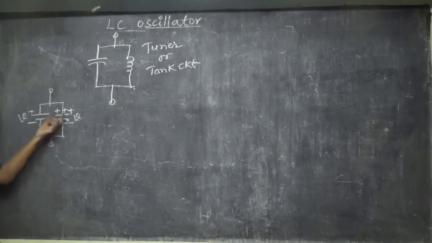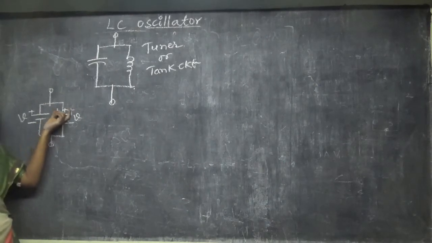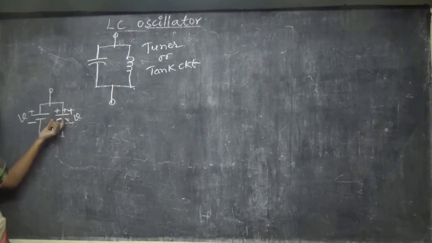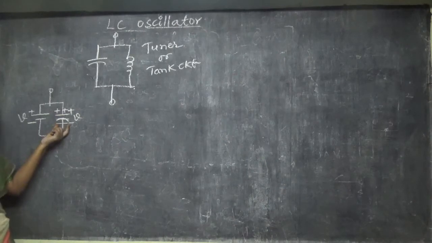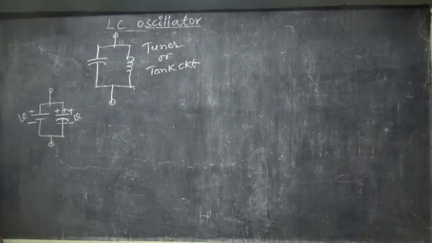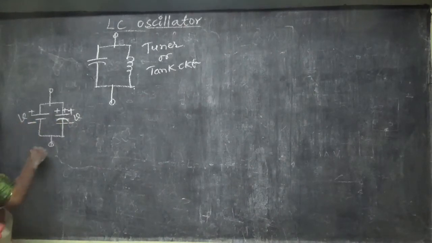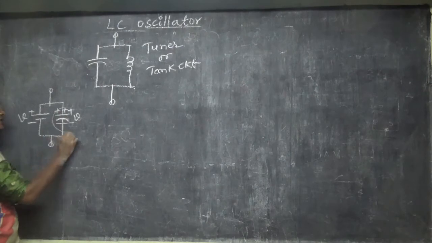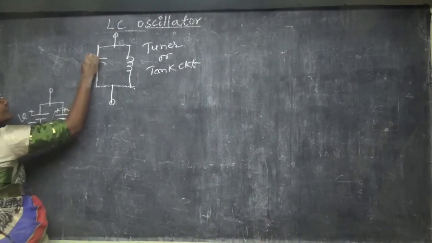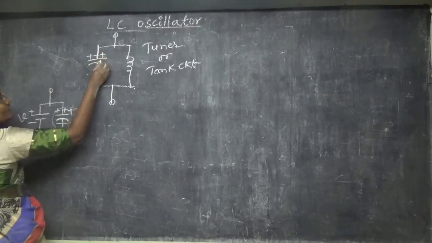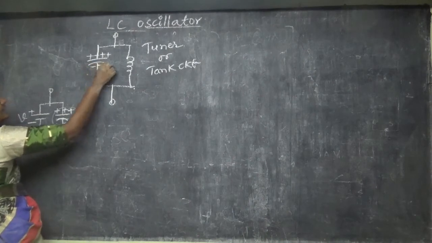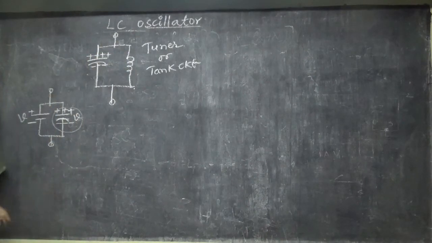Here the top plate will have positive charge, and the bottom plate will have negative charge. So this is a parallel plate capacitor. When a capacitor is charged to some volts and it is connected in this mode, what happens? That we have to see.